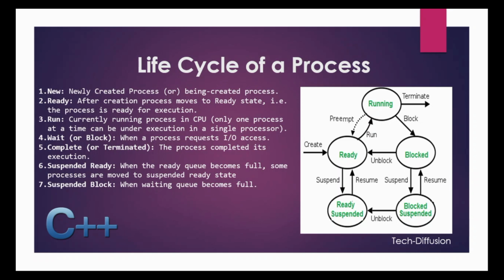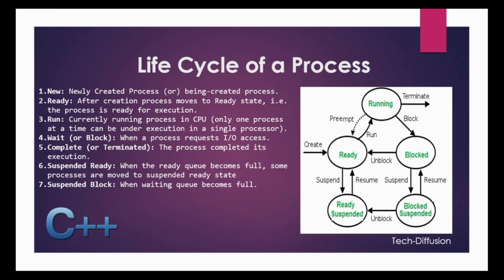Complete or terminated means the process execution is complete. If I'm using memory or other CPU resources and I complete my task, then I release them, and the process releases them too. That is the complete state. Suspended ready: sometimes when the queue of processes is full, some processes are moved to the suspend ready state.